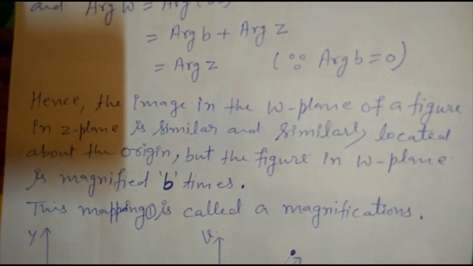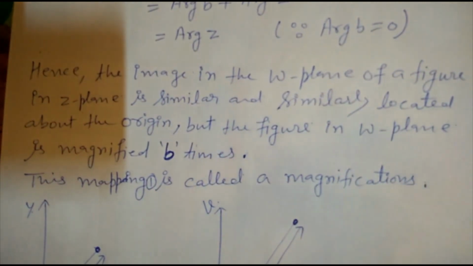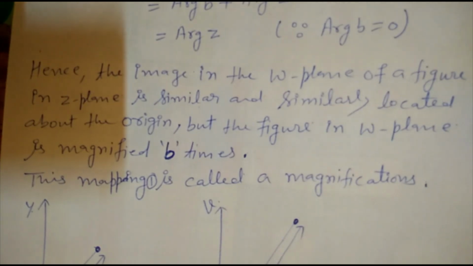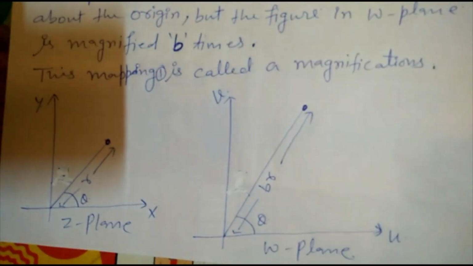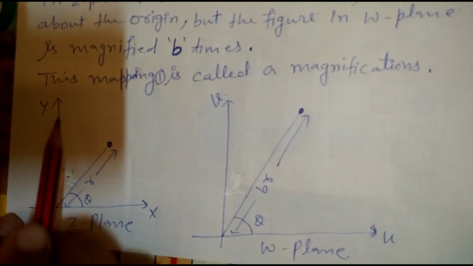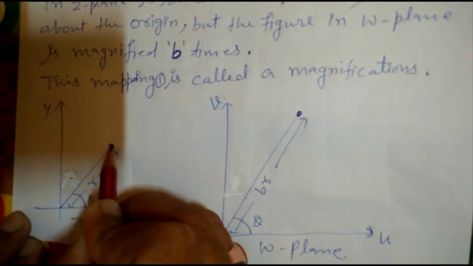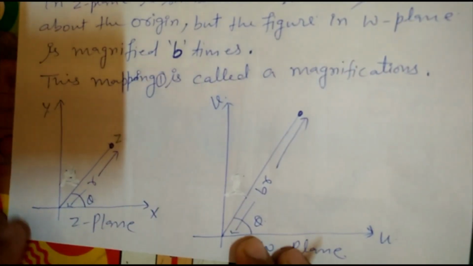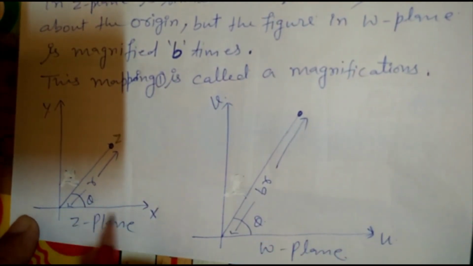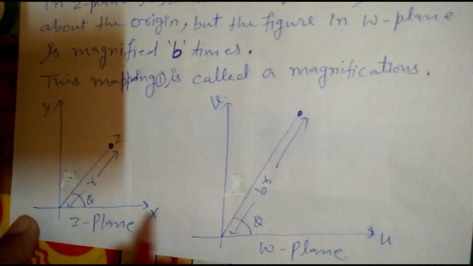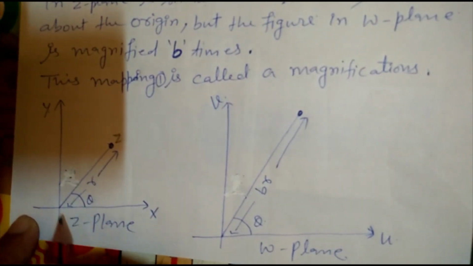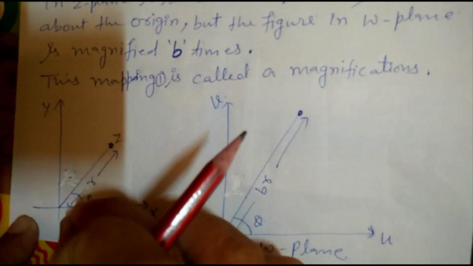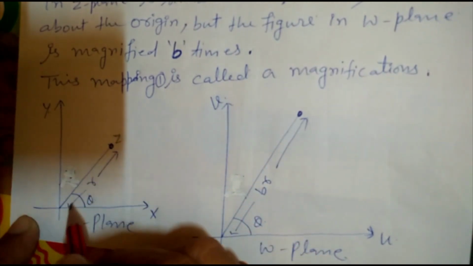If we explain the magnification with the help of a graphical representation, here this is the Z plane, and in the Z plane, say this is a point Z, where Z = x + iy. The angle between the point Z and the real axis is theta, and the magnitude of Z is small r.